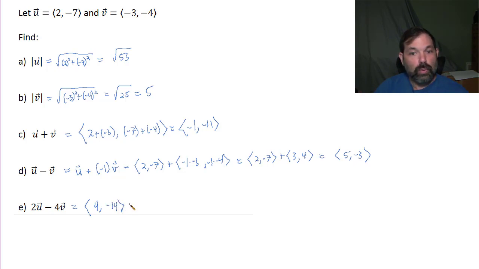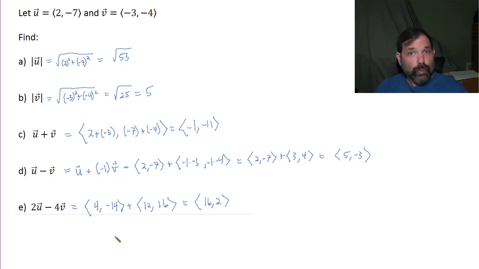And to that, we will add negative 4 v vector. Negative 4 times negative 3 is 12. Negative 4 times negative 4 is 16. Adding the components now, that's 16, 2. So 2 u vectors minus 4 v vectors is 16, 2.